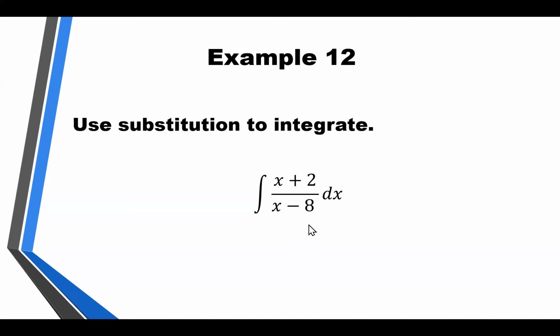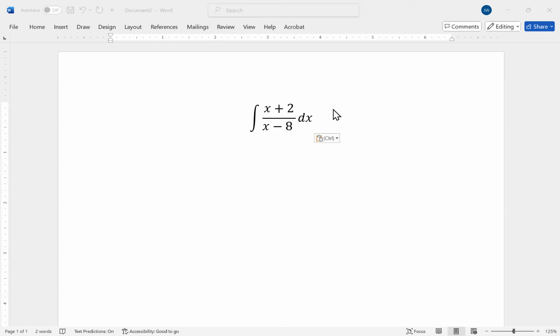Let's take a look at this rational function. Now, this is an interesting use case scenario of substitution because we're going to use another property of this substitution to deal with this integration. So here we go.